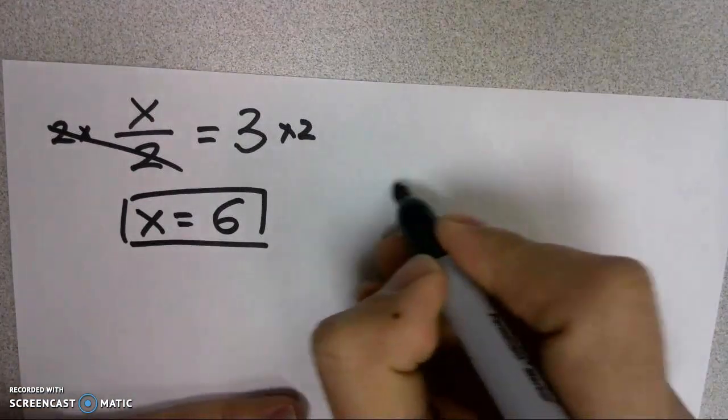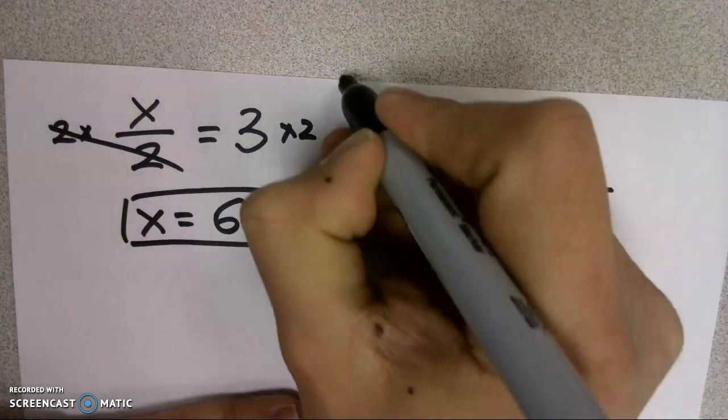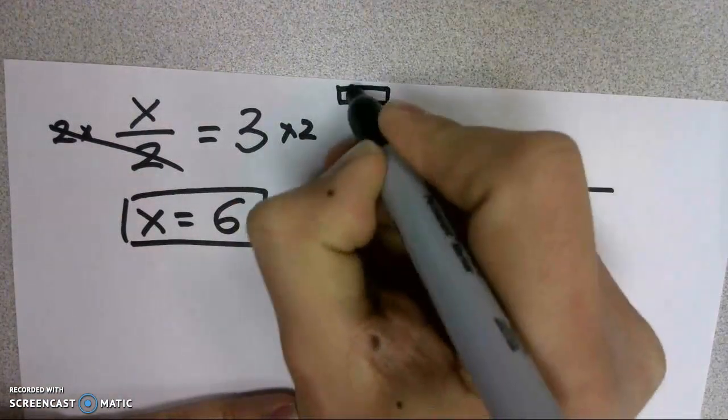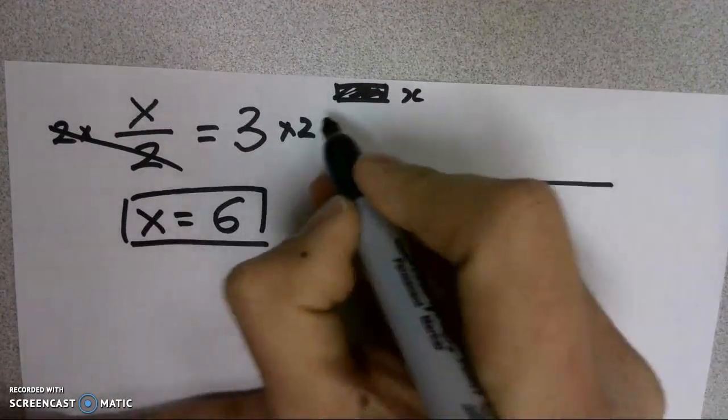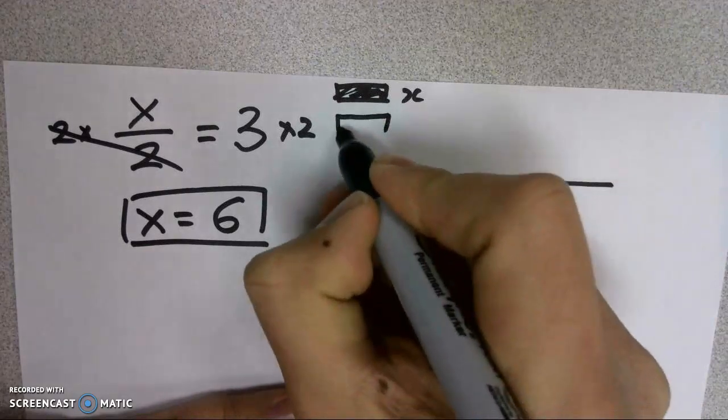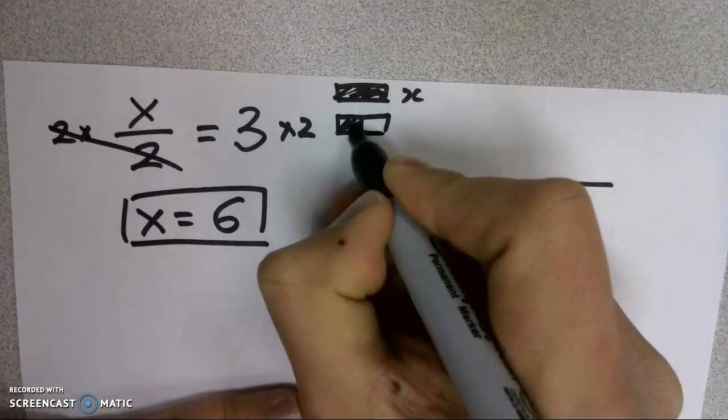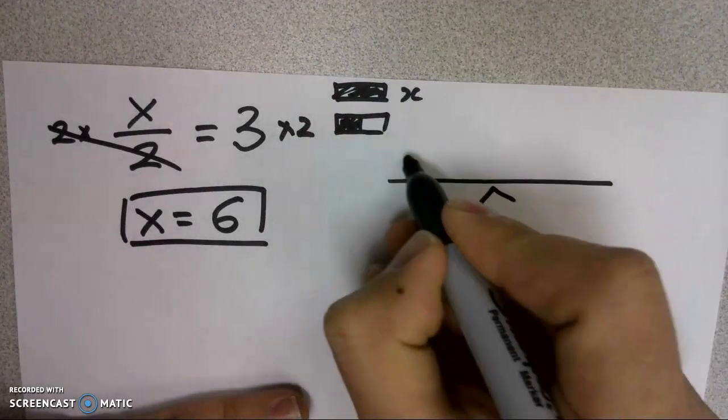And how do I draw this? So, you know how a full bar is x? What do you think half of an x is? It's going to look something like this, isn't it? So I'm going to draw this.